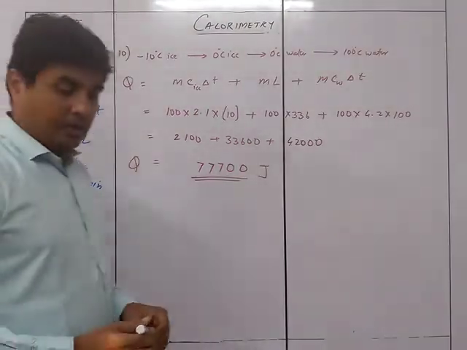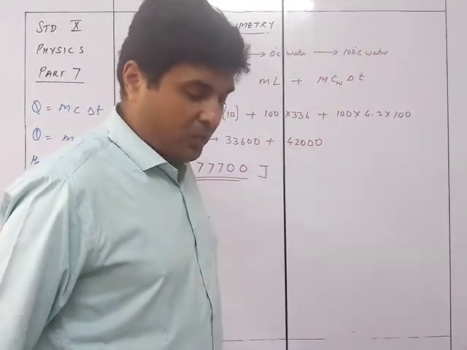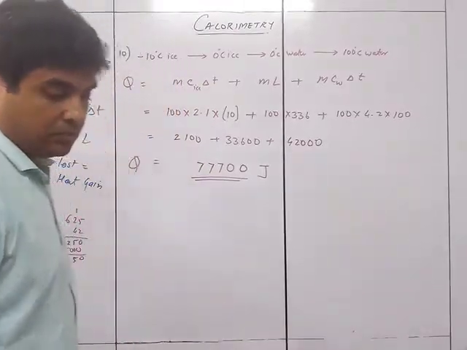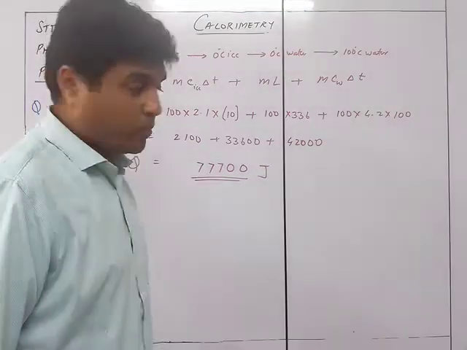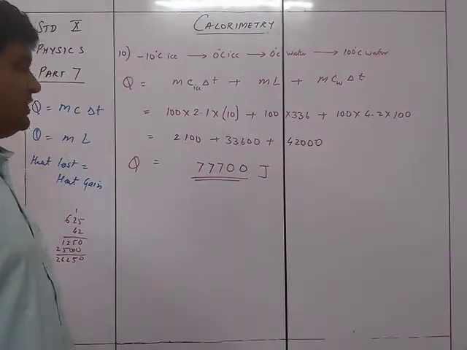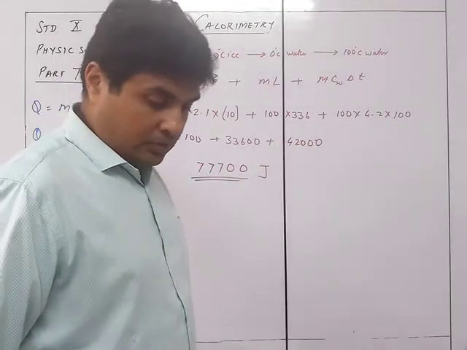That is the amount of heat energy required to convert 100 grams of ice at minus 10 degrees Celsius to 100 degrees Celsius water. That is 77,700 joule.